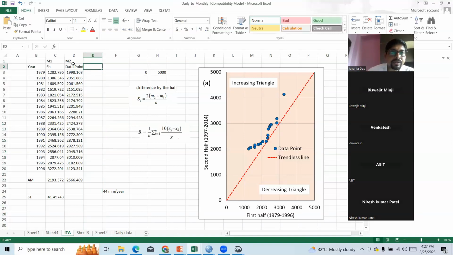This is xj, this is xk. Now, first one, xj minus xk, multiplied by 10, within bracket, divided by the average of first half.